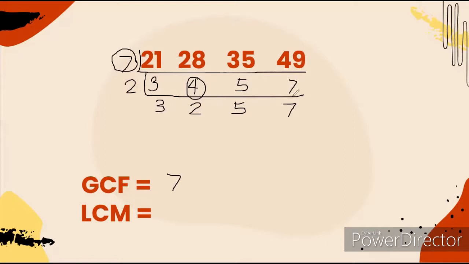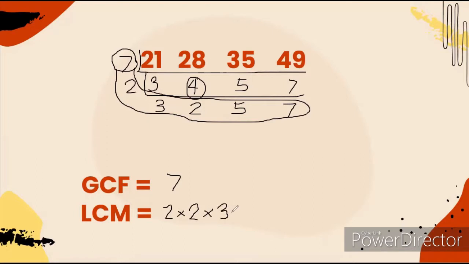Now, we will multiply all these numbers to get our LCM. Again, we will arrange the numbers from least to greatest. There are two 2s, times 3, times 5, times 7, and there are two 7s here.